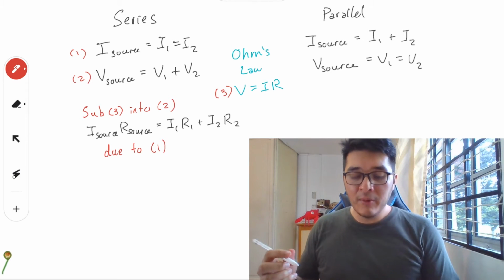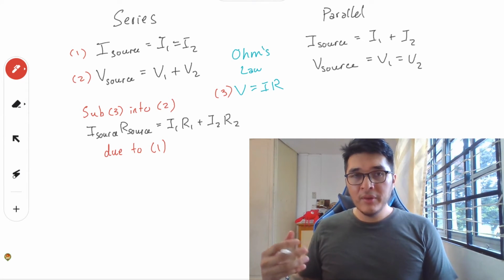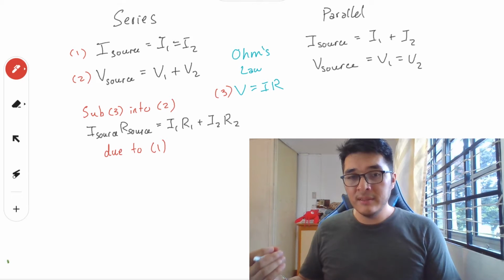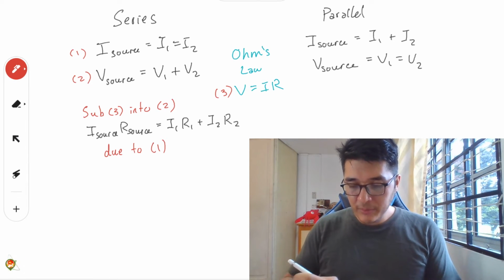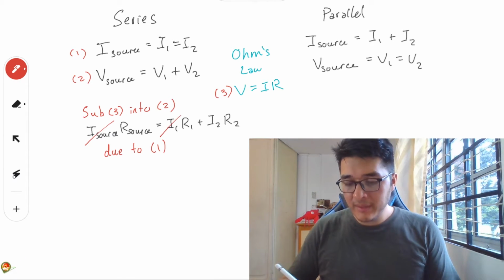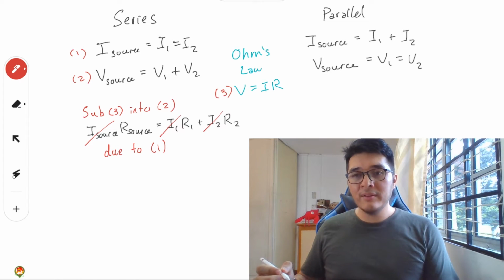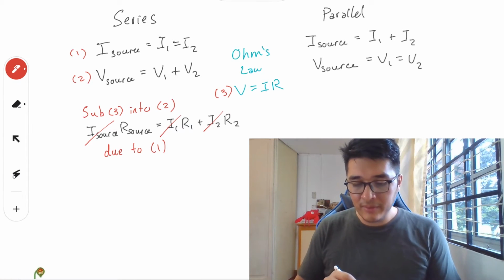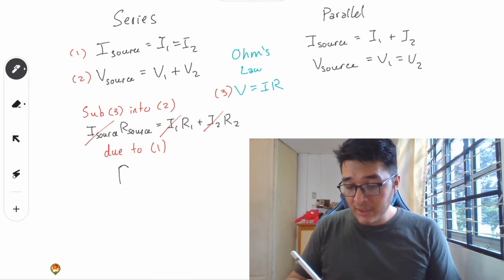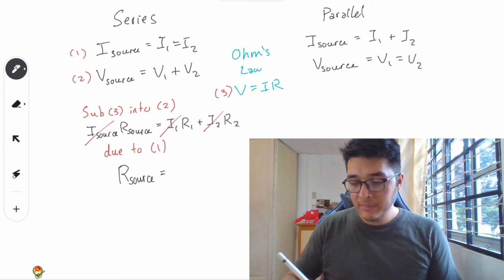What conclusion can we make from equation 1? That all the current is the same in a series circuit. So we can divide both sides by I source, and that will cancel out all the current on the left and on the right. So this gives us a new formula. The resistance at the source is the sum of the individual resistors.